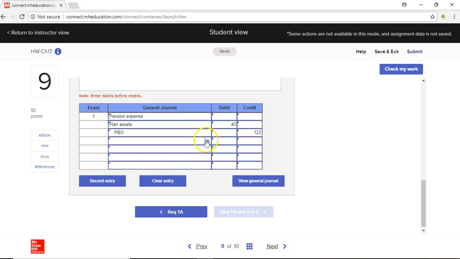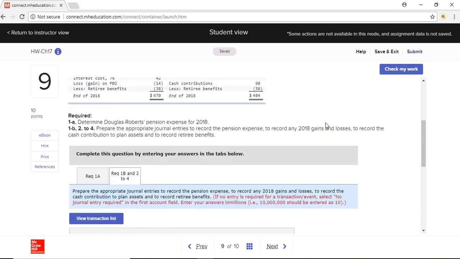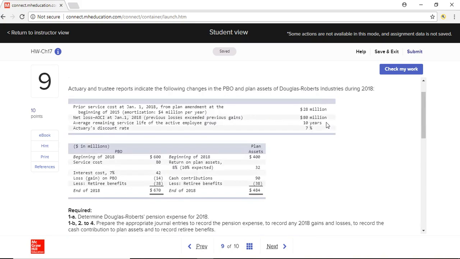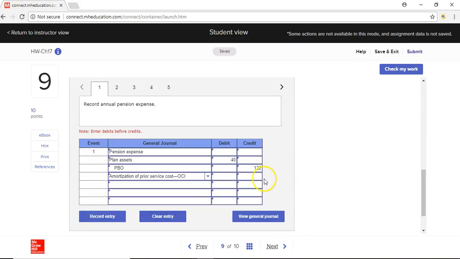And then we have amortized prior service cost, and we are given amortized prior service cost of $4 million every year. So put $4 million.